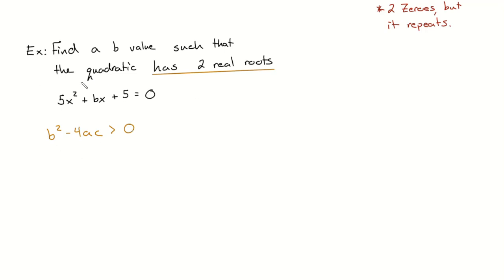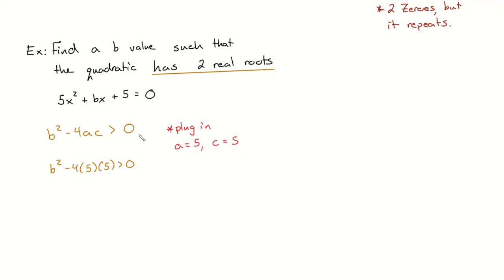So let's just plug in what we know. And I'm going to be more specific here than you would ever need to be. But what is A in this problem? 5. And what's C? 5. So let's just see where this takes us. We get B squared minus 4 times 5 times 5 is greater than 0.